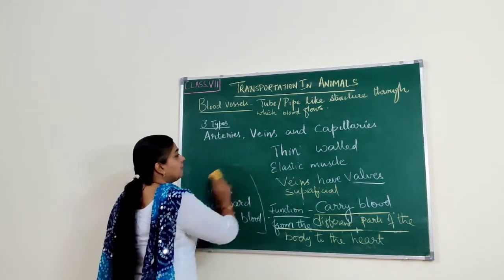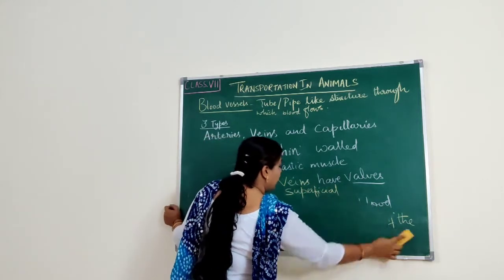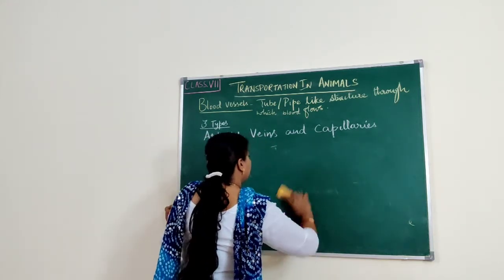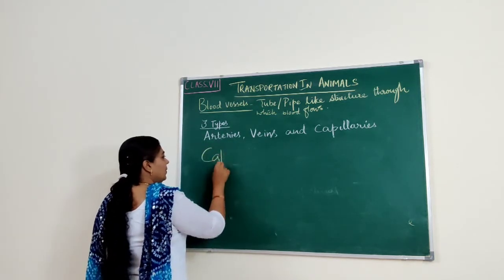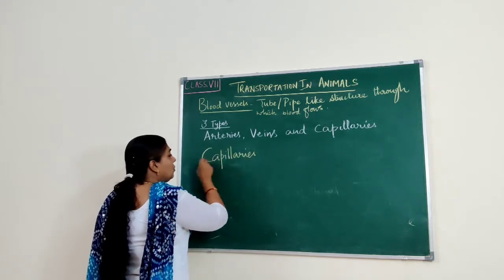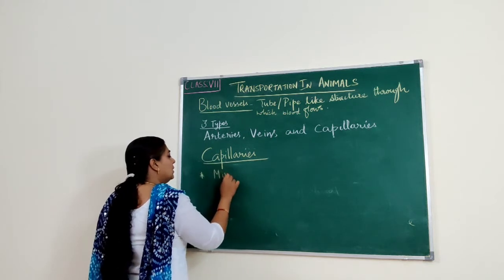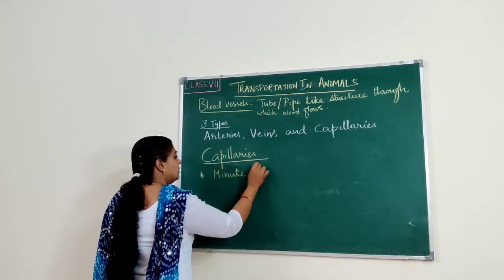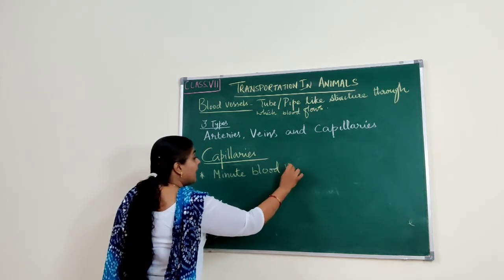Now we have learned one more type of blood vessel, that is capillaries. So let us see what are capillaries. So capillaries are very, very minute blood vessels.